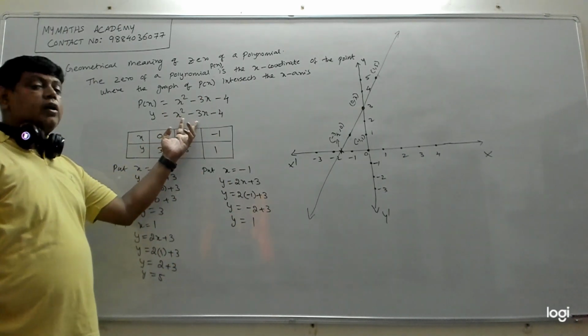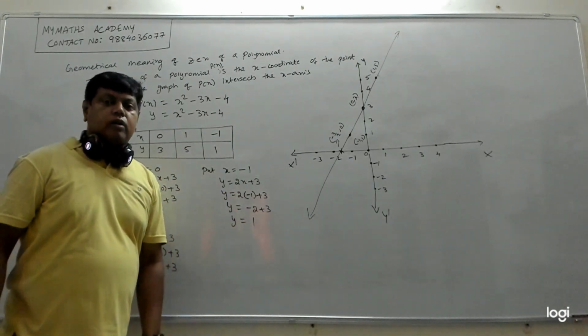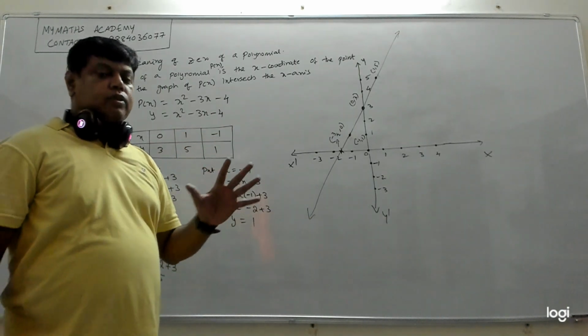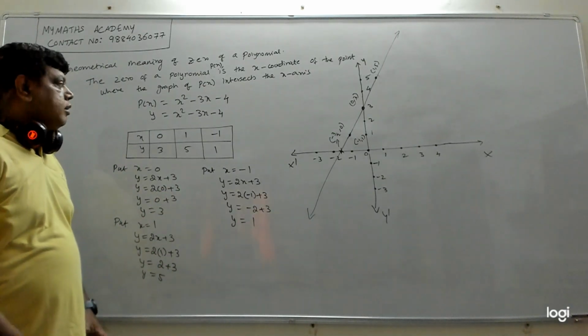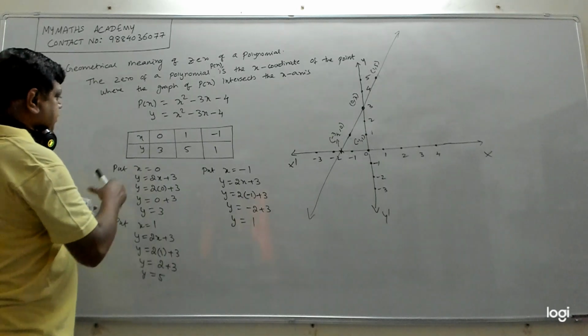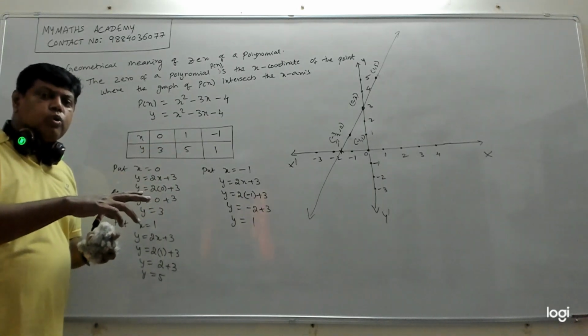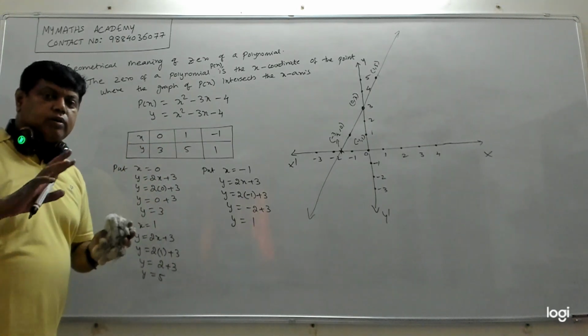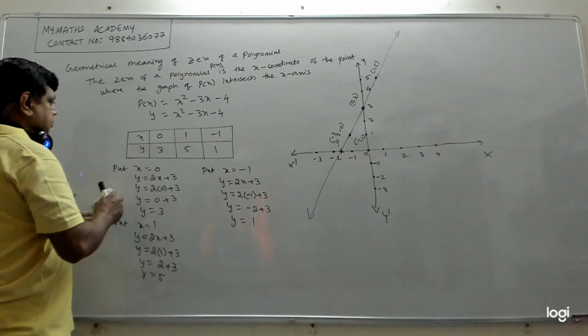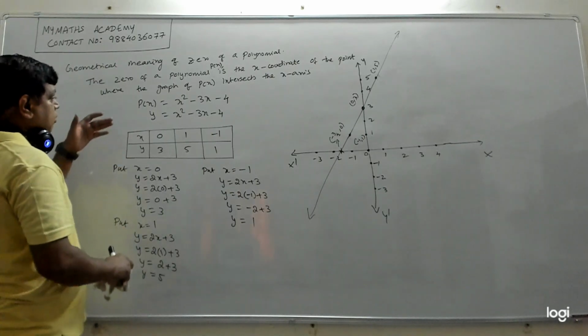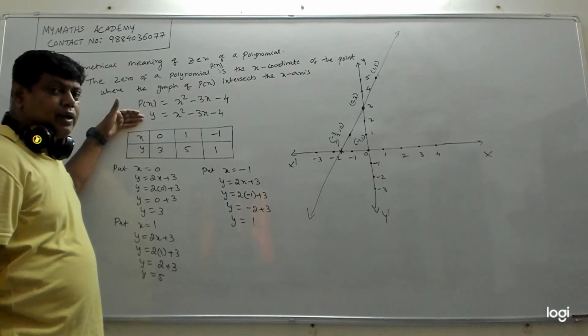But here it is a quadratic polynomial, so we have to go for 5, 6 or 7 points. Generally we will go with 0, 1, minus 1, 2, minus 2. Then after that, depending on the graph, we will go for other points. Now we are going to find the zero of this polynomial using the graph.